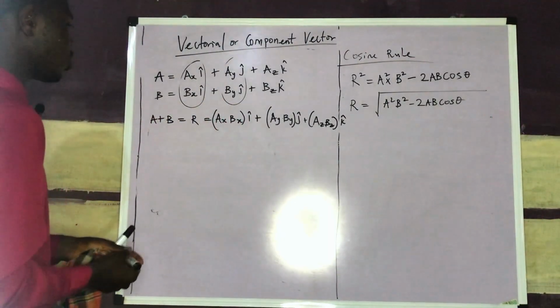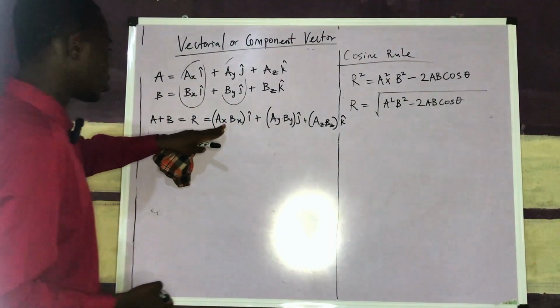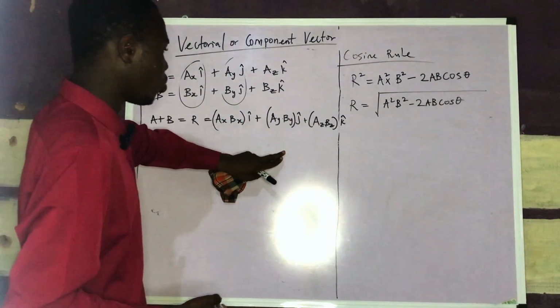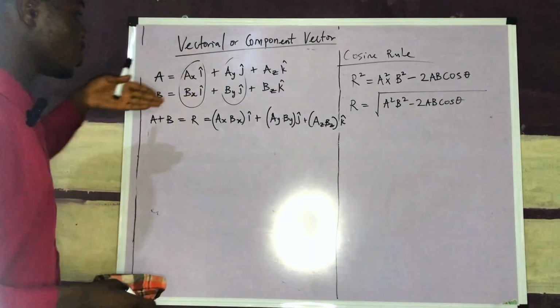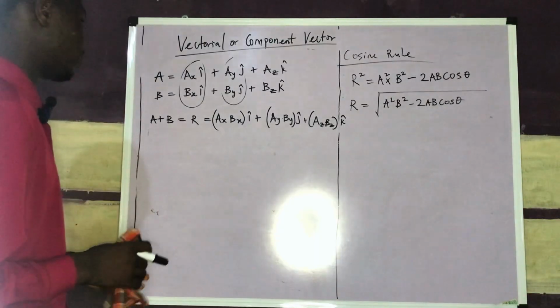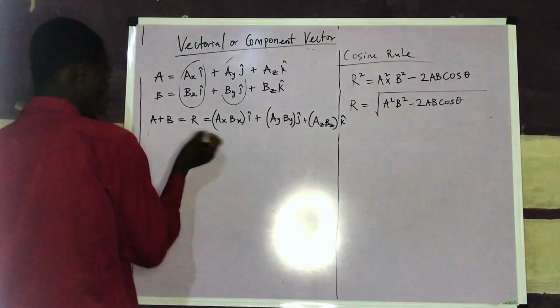You see, you have resolved it into x component, y component, and z component. That is a vectorial method of vector.